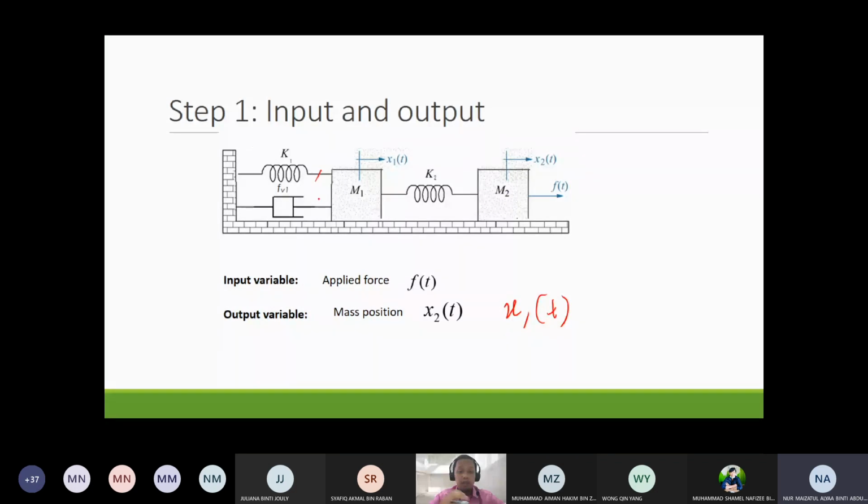Second is the damper FV1. And then the third one is the spring K2. Okay, so to determine the internal forces on the body, we look at how many elements are connected on the box. So in this case, for M1, we have K1, FV1, and also K2. And on M1, we don't have any input force because the input force is applied on M2.